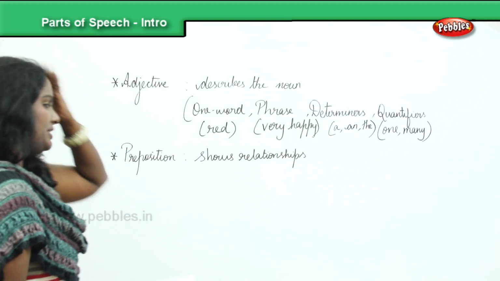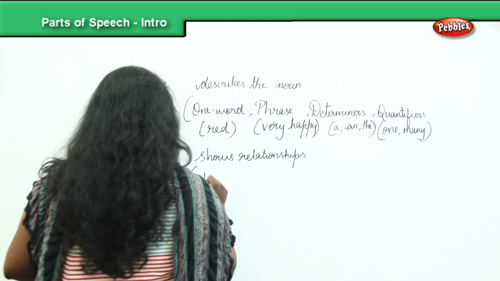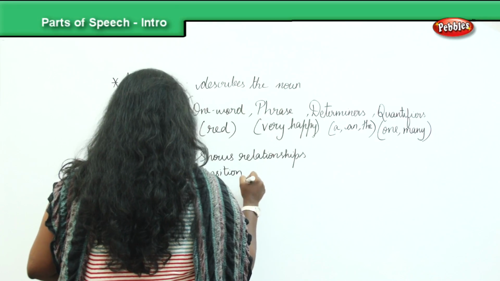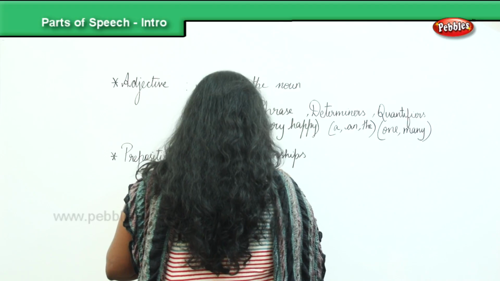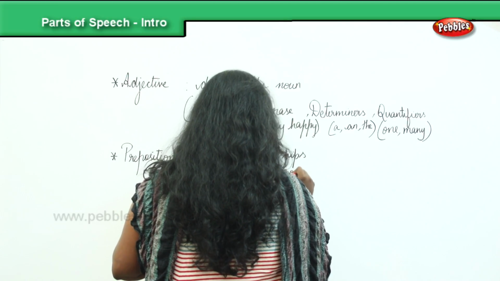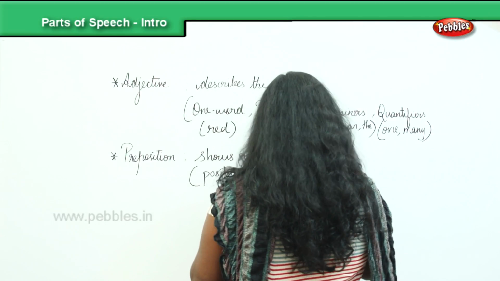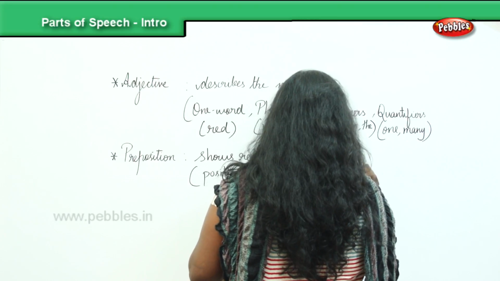Let's check the different types: preposition with respect to position, with respect to direction, with respect to time, and agent.